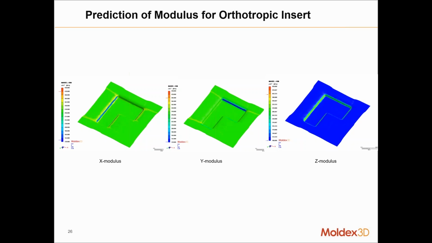So we have our X modulus, Y modulus, and our Z modulus. The X and the Y is within about 40,000 MPa. And our Z modulus, for the most part, is near 0.